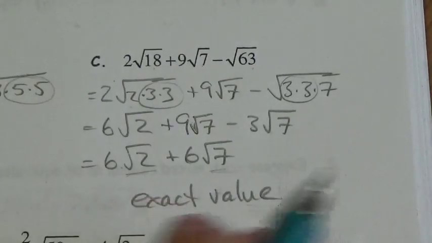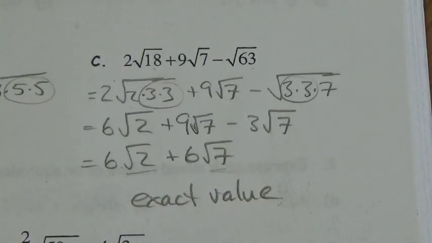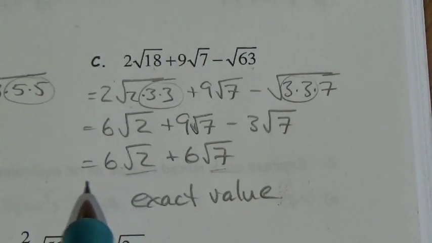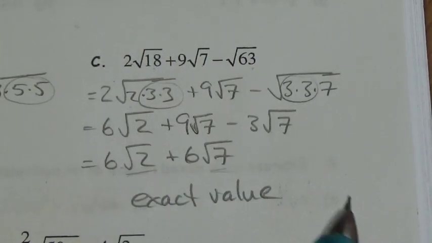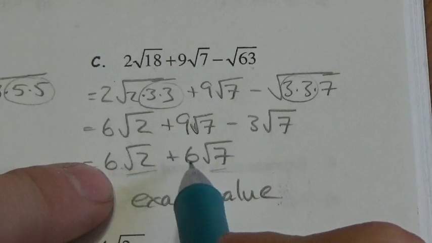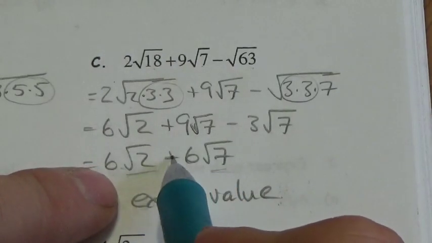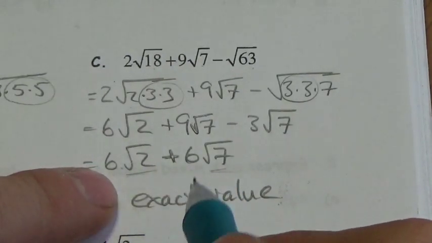This is an exact value. If you go to the calculator, it will give you a precise value to a certain number of decimal spots, but not exact. This is perfect. The calculator cannot provide enough decimal places to get these 2 radicals correct. This is exact. In order for me to do the addition here, just think about what your order of operations would be.